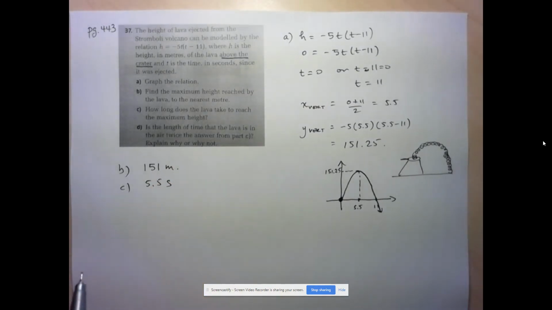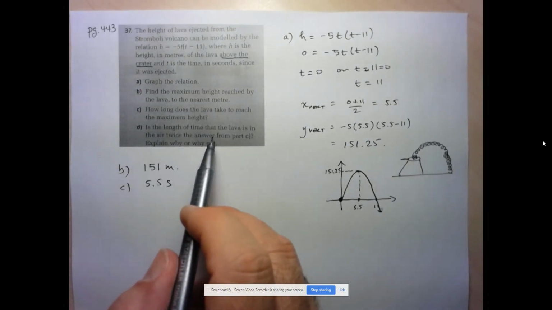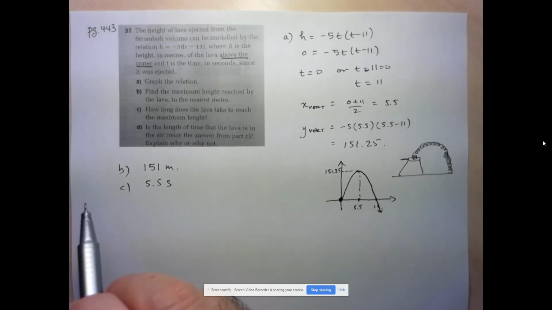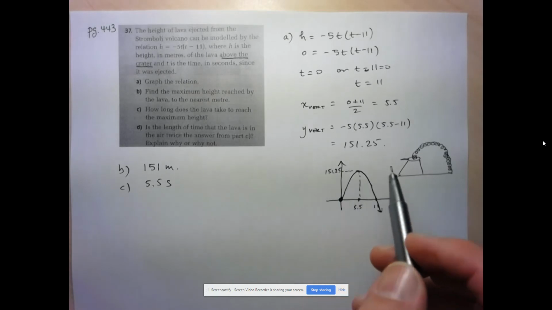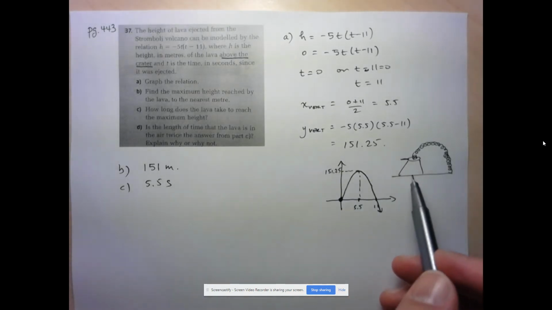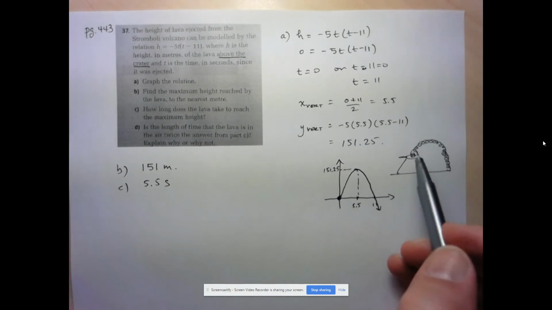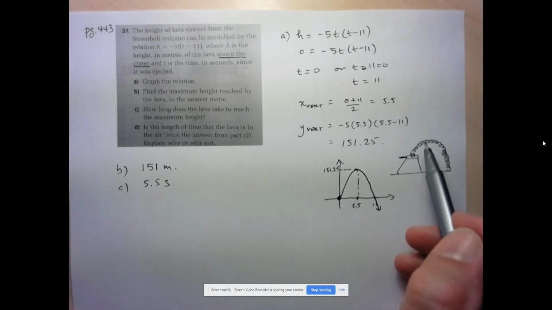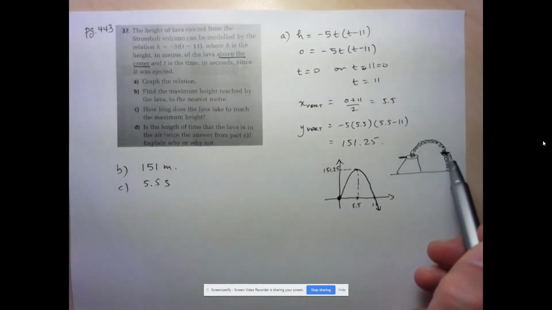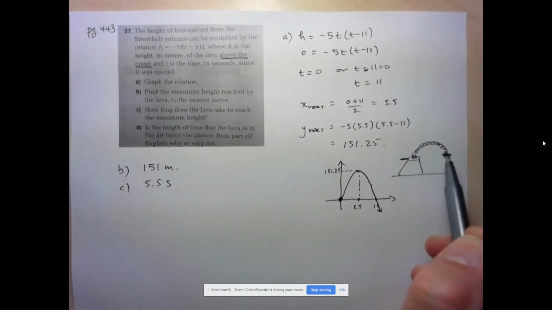And then D says, is the length of time that the lava is in the air twice the answer from part C? Explain why or why not. So this kind of comes into play with my little drawing here. If the lava was spewing out from the ground, going up and then coming down, then I would say the answer would be yes. But because we're measuring the height from the crater, which is above the ground, this would be 11 seconds on our graph when it comes back down to the height of the crater.